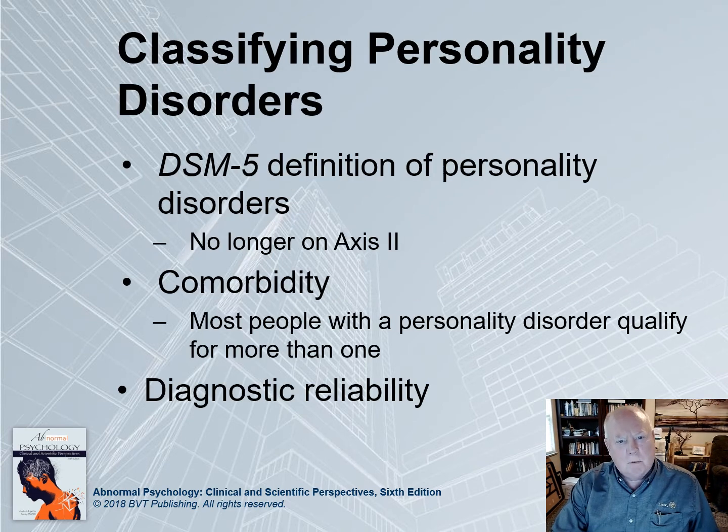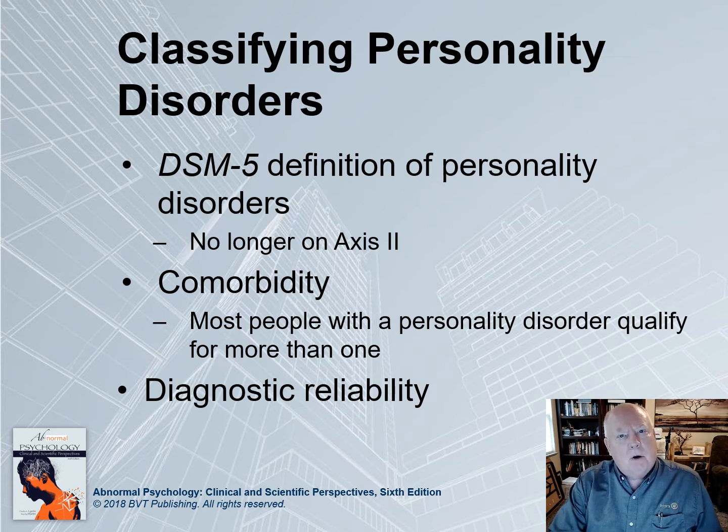Before we jump into the personality disorders, I want to cover a couple of issues. First of all, personality disorders were introduced with DSM-3, and they were put on a separate axis from all of the other disorders, Axis 2. Now, Axis 2, in fact all of the axes, no longer exist in the DSM-5.